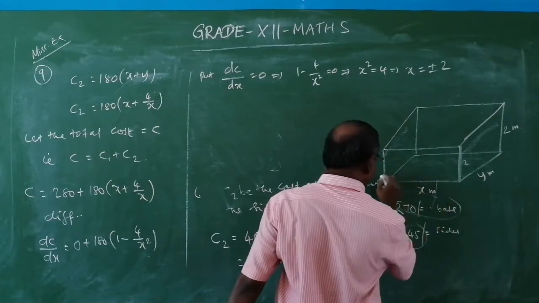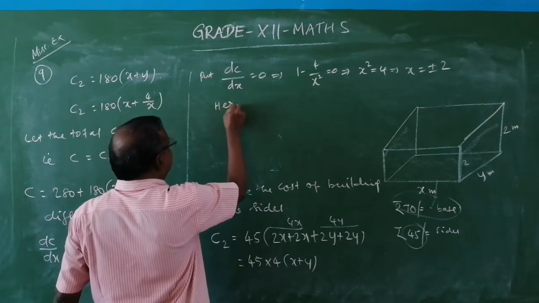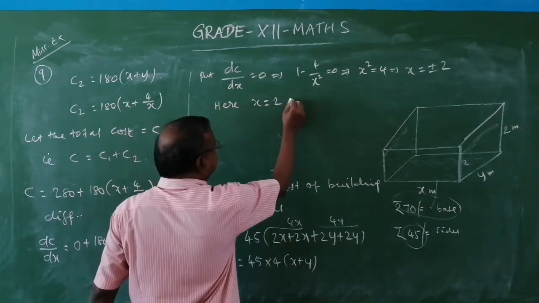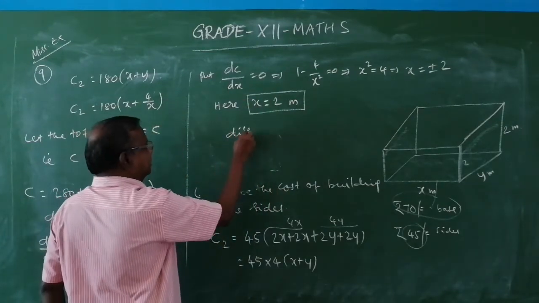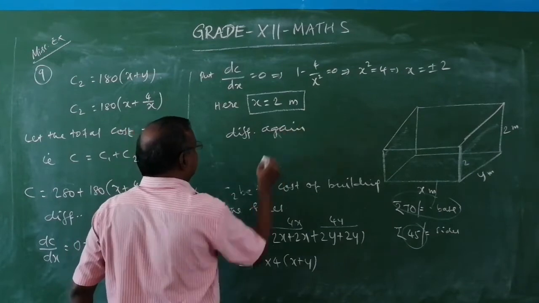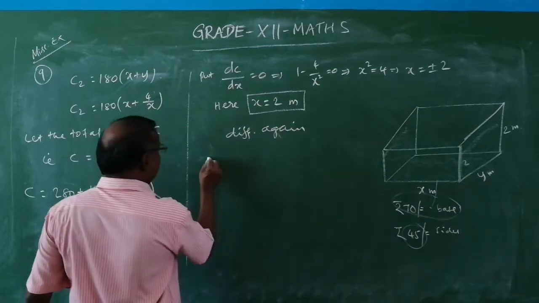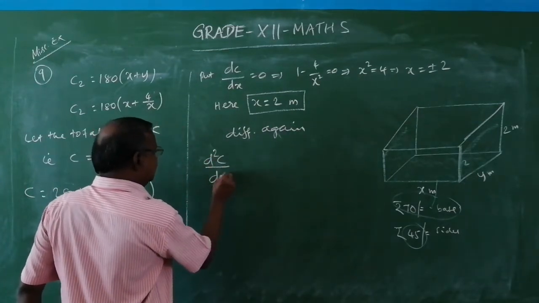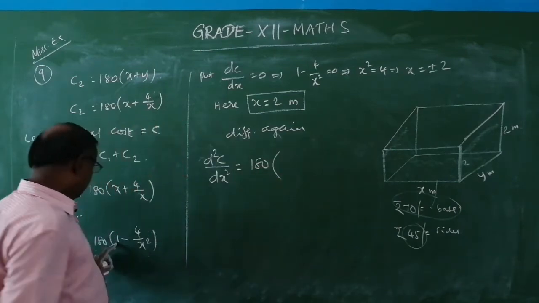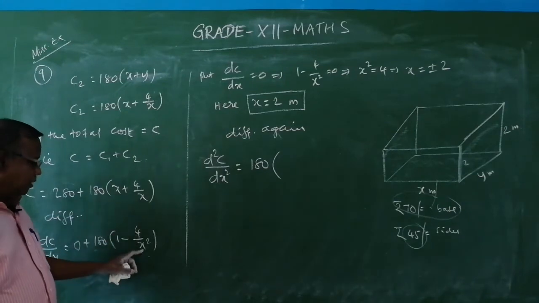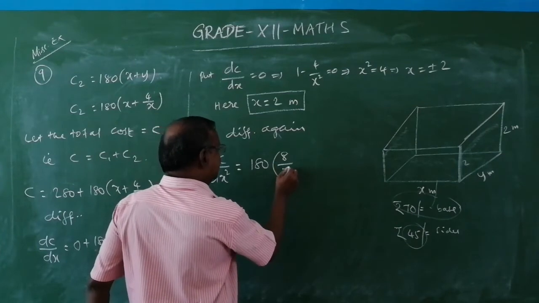Since x is a positive quantity, that is the length of one side, x equals 2 meter. Now differentiating again, we have d square c by dx square equal to 180 into 0 minus 4 by x square, means plus 8 by x cube.